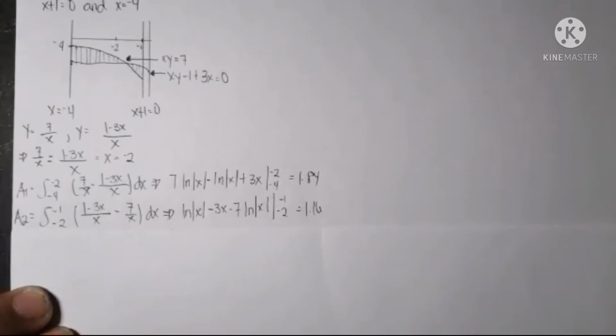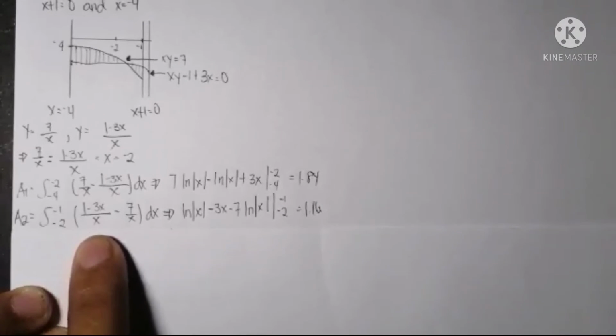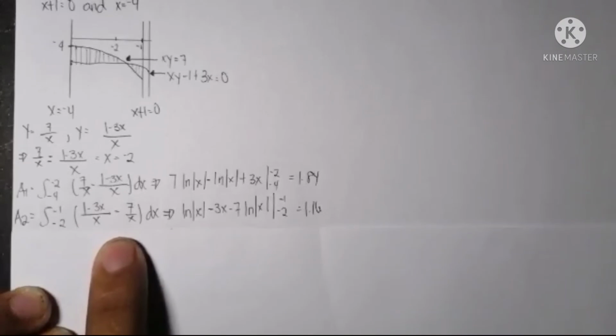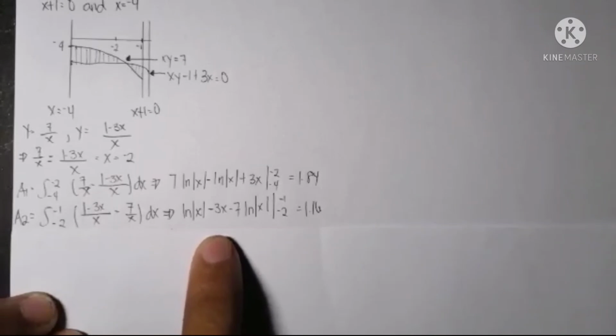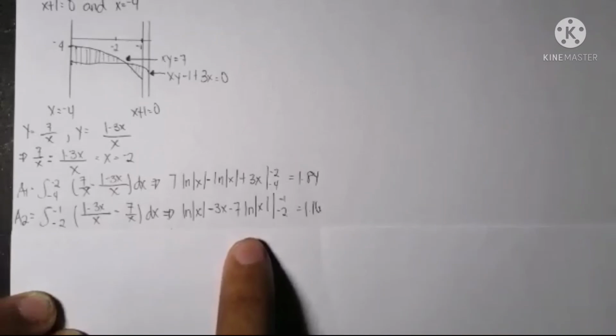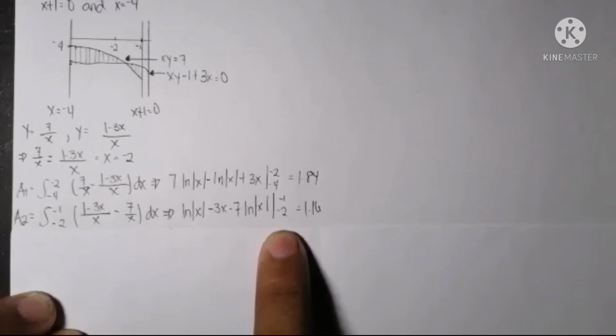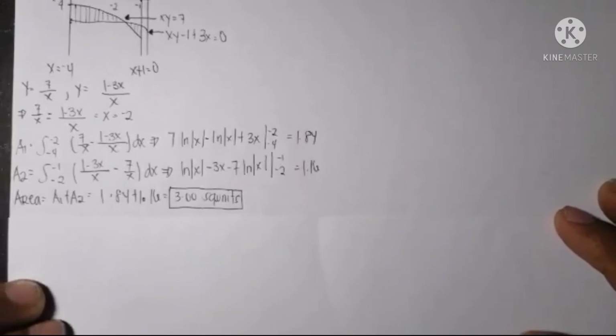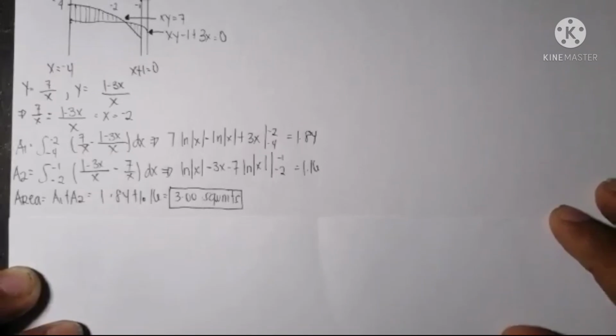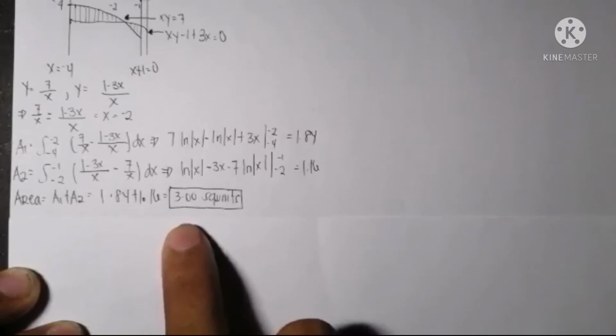So our a sub 2 is the integral of (1 minus 3x) all over x minus 7 over x dx from negative 2 to negative 1. ln x minus 3x minus 7 ln x from negative 2 to negative 1 is equal now to 1.16. So our area is a sub 1 plus a sub 2, wherein a sub 1 is 1.84 and a sub 2 is 1.16. Just add the two. The final answer is 3 square units.